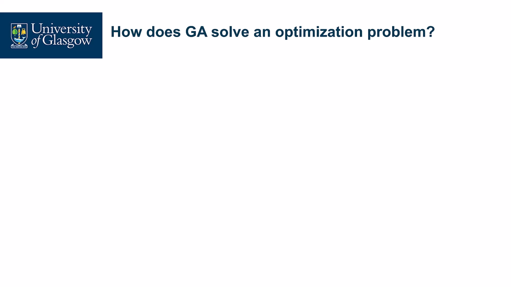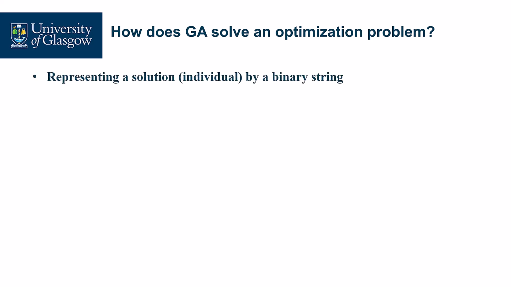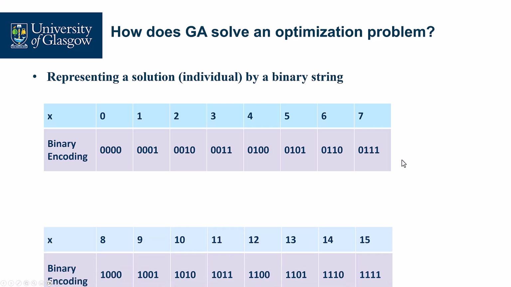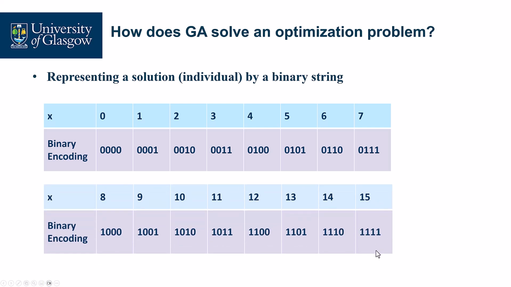First of all, we need to represent the candidate designs, right? This representation should allow the crossover and mutation. So we choose the binary encoding. We can see each individual can be represented by a binary string. Here, for x from 0 to 7, we have this binary code, and then from 8 to 15 is also there.